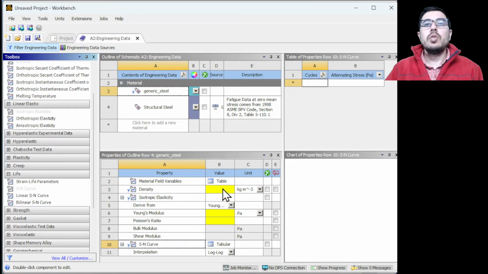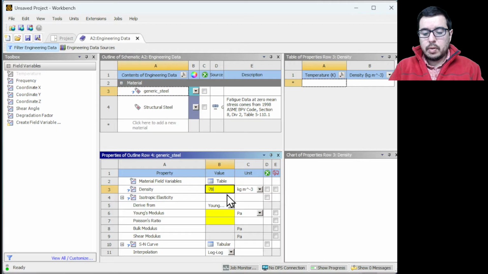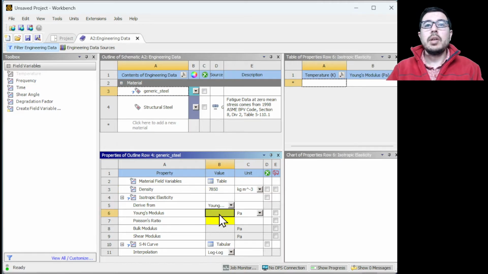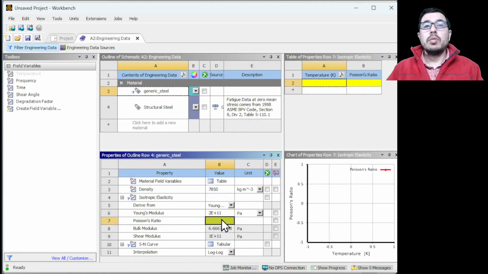Okay, so the density, we can use 7850 kilograms per meter cubed. For Young's modulus, we can use 200 gigapascals. We can use a Poisson's ratio of 0.3.